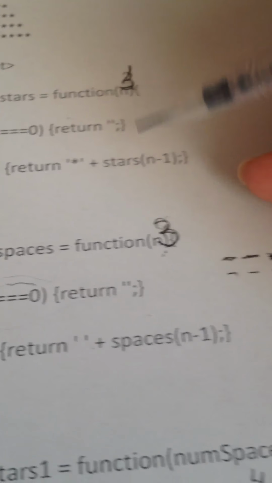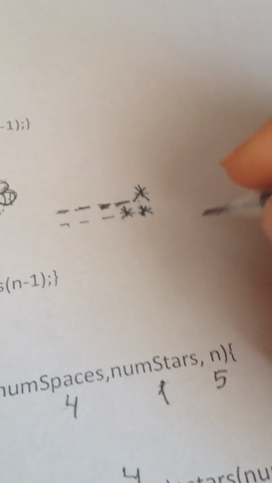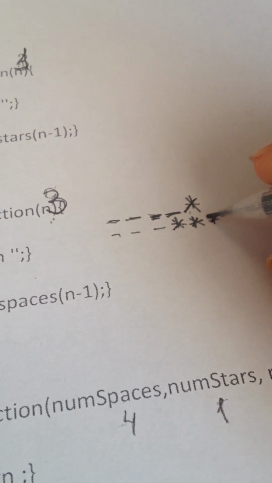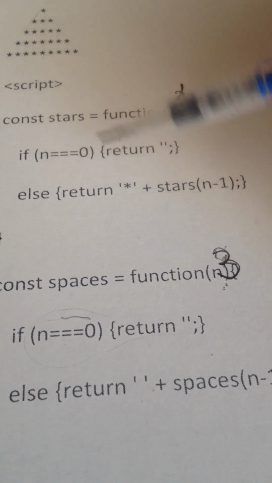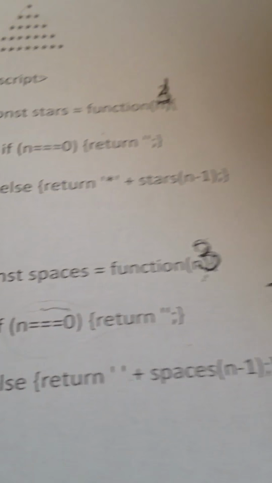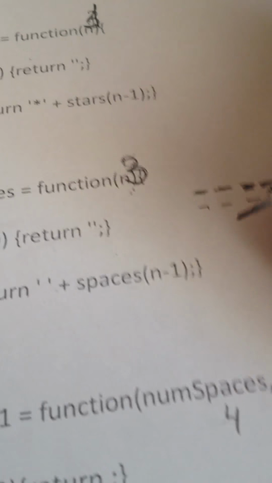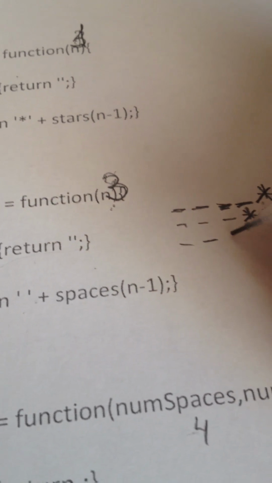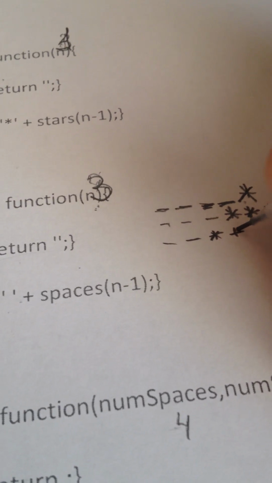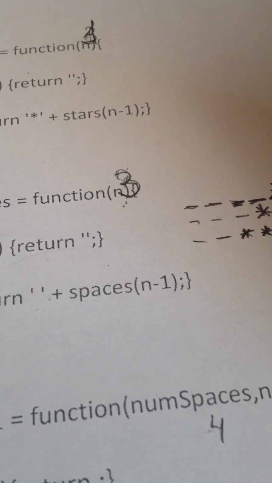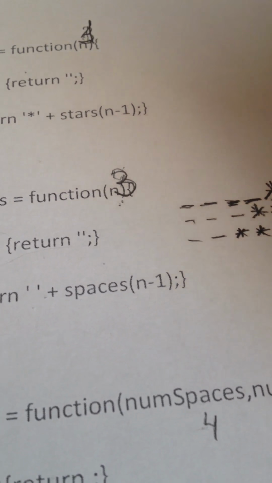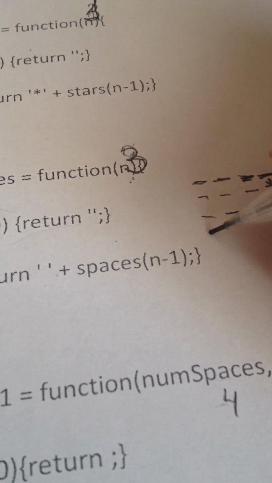So it is going to return a star and stop operating, since the argument is going to be 0 there. So that's how it's going to build up. Every single time it is going to add 2 stars and decrease the number of spaces by 1.